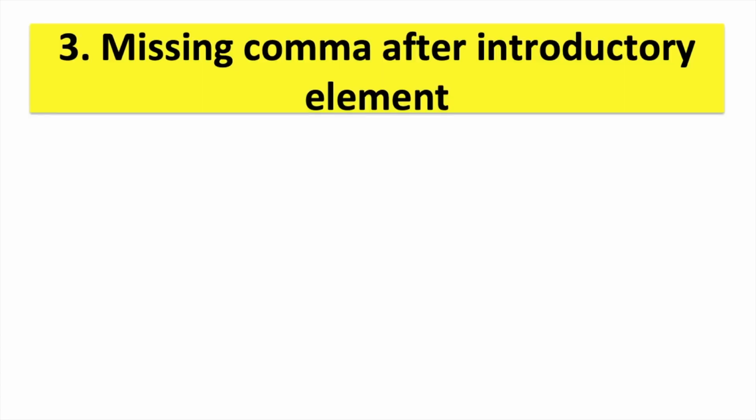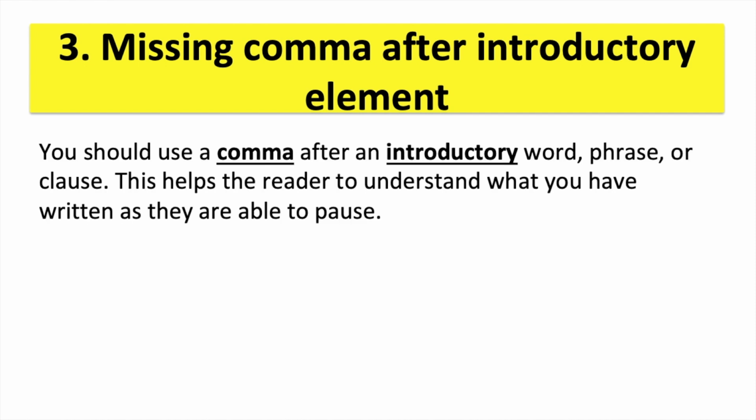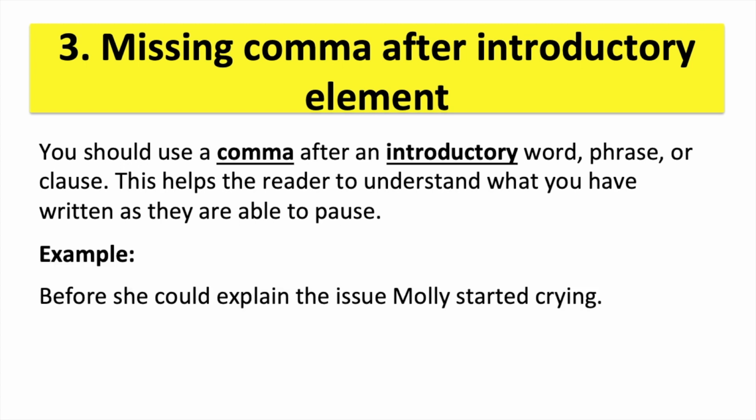Missing comma after introductory element. You should use a comma after an introductory word, phrase, or clause. This helps the reader to understand what you have written as they are able to pause, and therefore it helps to avoid confusion. For example, before she could explain the issue Molly started crying.